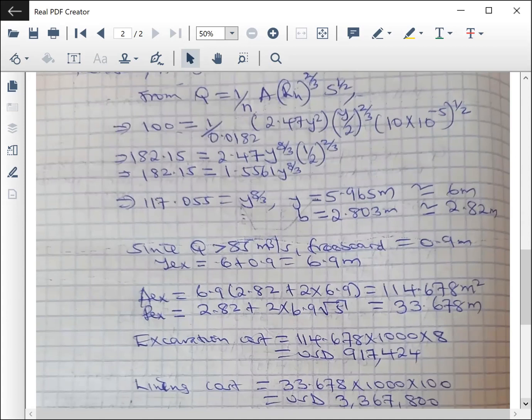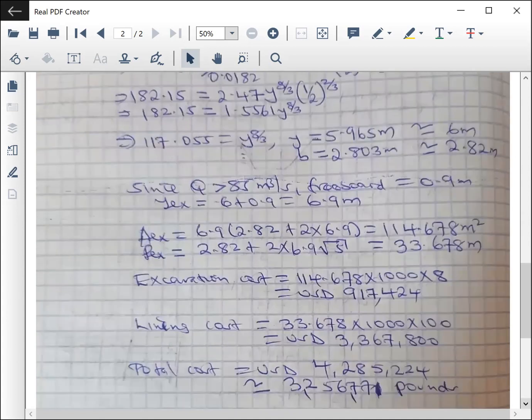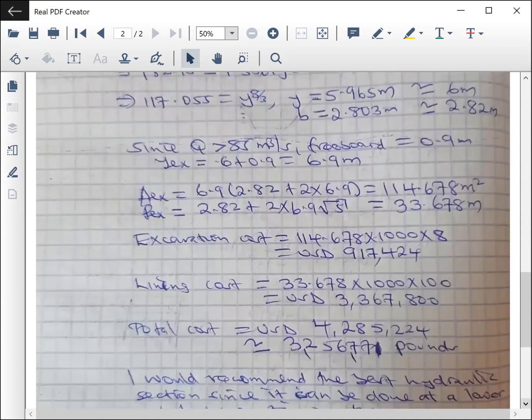Now, excavation cost, we look at the volume. So volume is given by area times length, which is 114.678 multiplied by 1 kilometer, which is 1,000 meter, times cost per meter, which is 8. I get US dollar 917,424. Then lining cost, we use the excavated weighted perimeter.